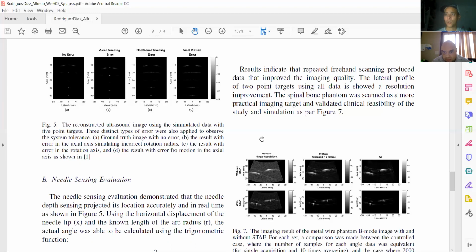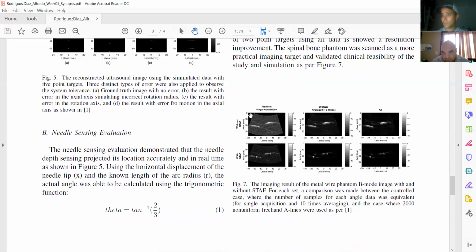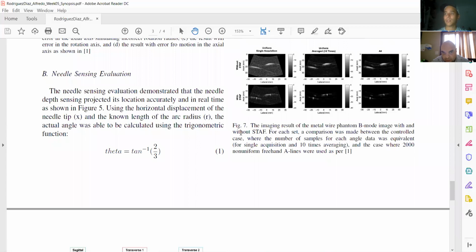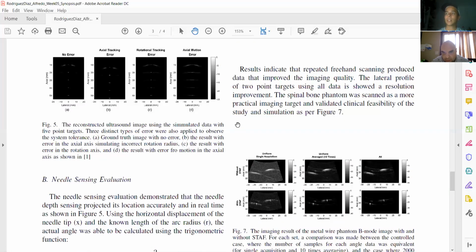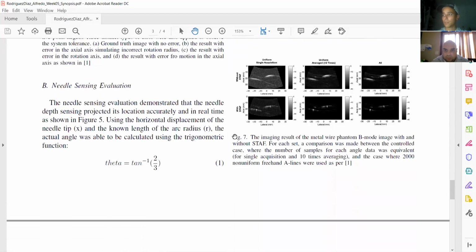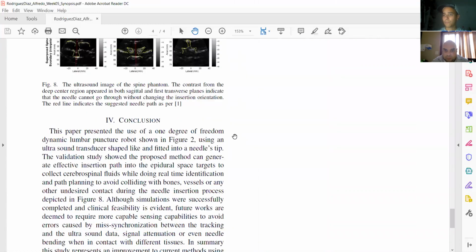Those three errors are measured based on where it was supposed to be and where it ended up being because of the resistance of the body fluid. At the end they proposed that they needed higher resolution of detection to be able to meet a more accurate path and behavior of the tip of the needle.